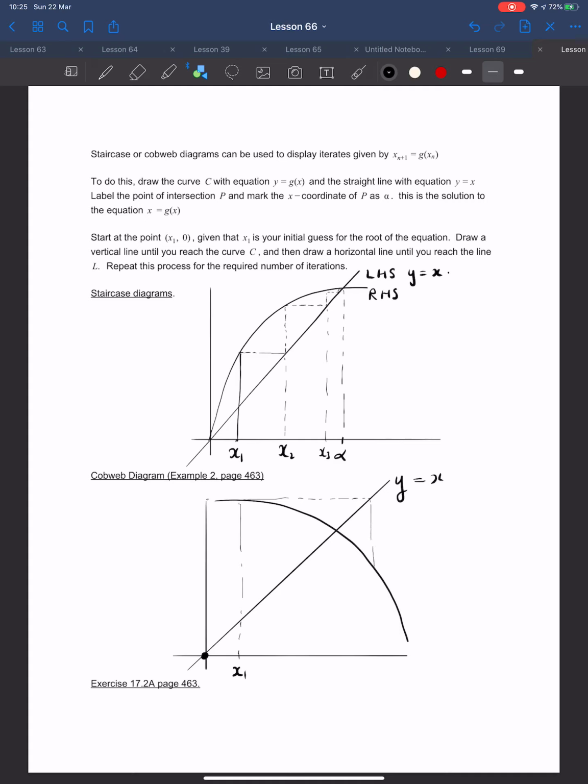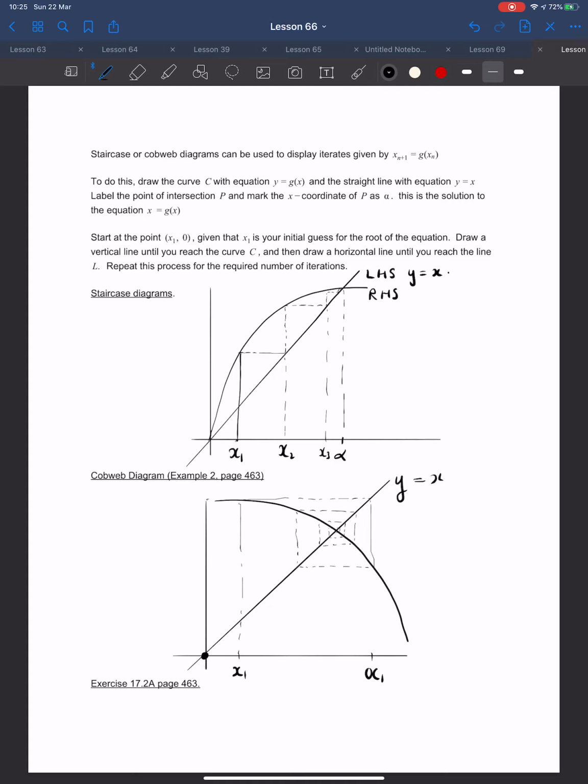So then that one goes in there, so that's x1 over there. So it always goes curve, line, curve, line, curve, line, curve. And this one's called a cobweb diagram, because eventually it spirals in to the solution.